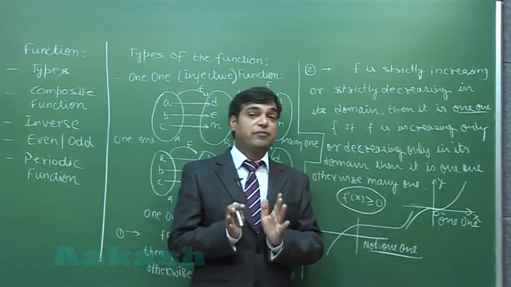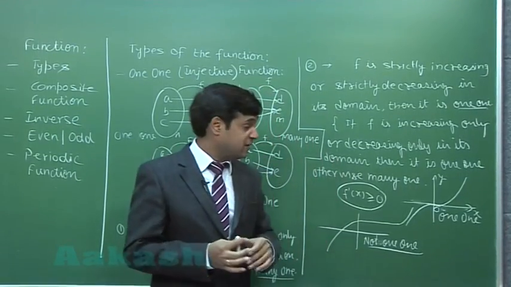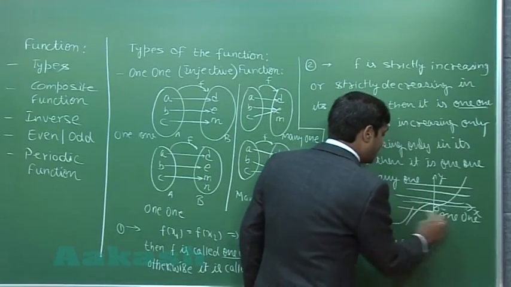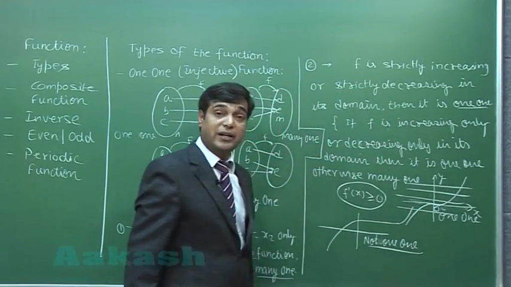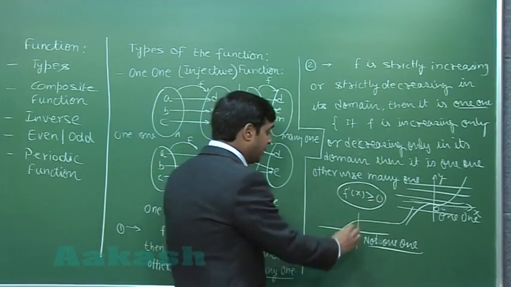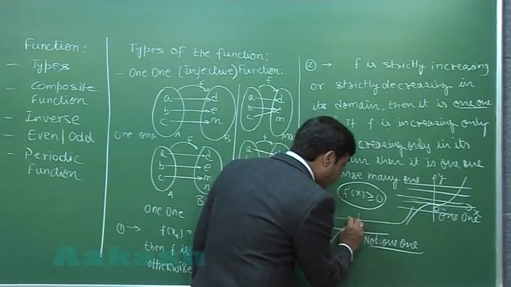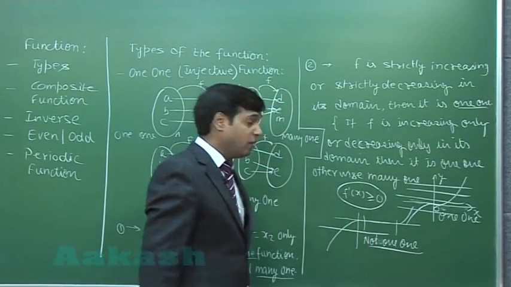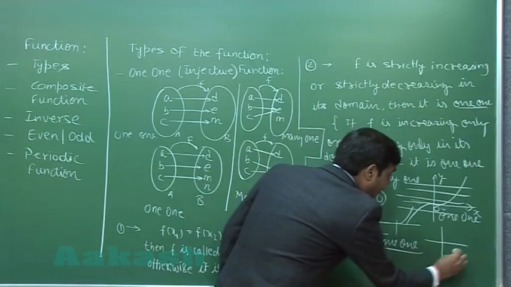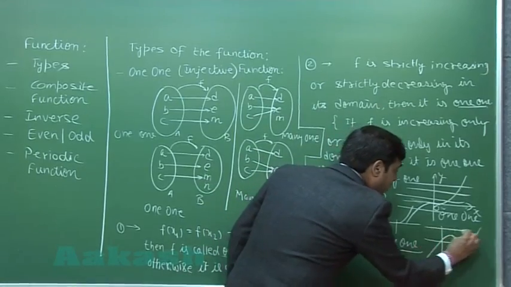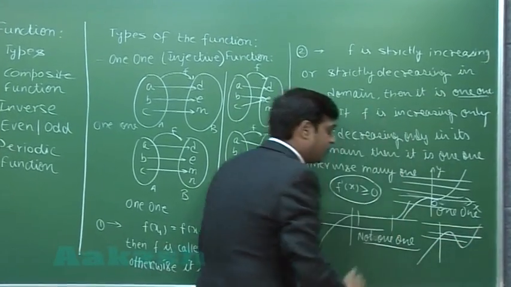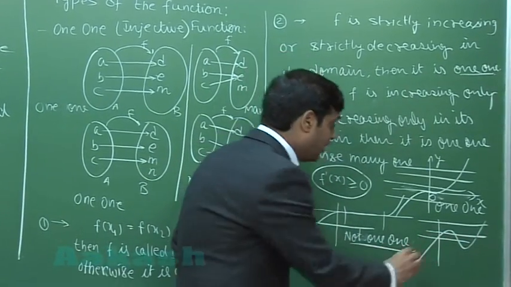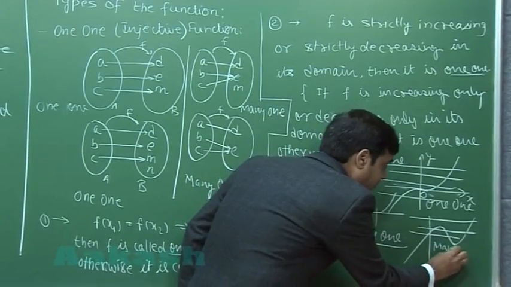The simple way for saying the term one-one is when you draw a line parallel to x-axis, it's cutting the curve just at one point everywhere. But if you see it is touching for more than 1 point, like for this entire interval, then the function will not be one-one. If we draw the function like this, here it is cutting at 1 point, but at some time we see that it is cutting at 3 points. So the function is again not one-one. This is simply many-one.